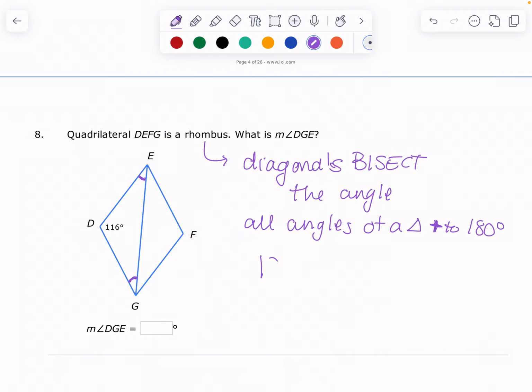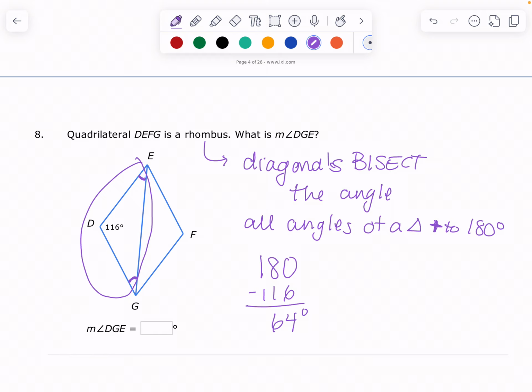So all three of those would have to add up to 180. So if I did 180 subtract 116, I would get 64 degrees, right? I'm just going to double check. 180 subtract 116 is 64. Yep.